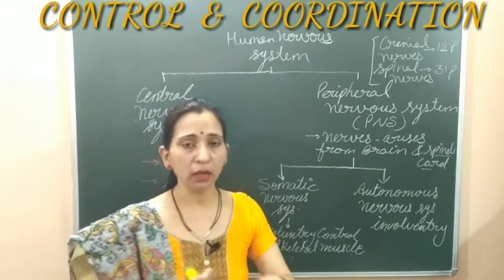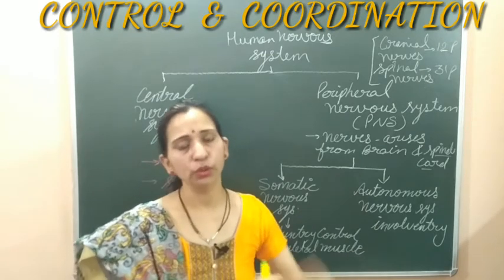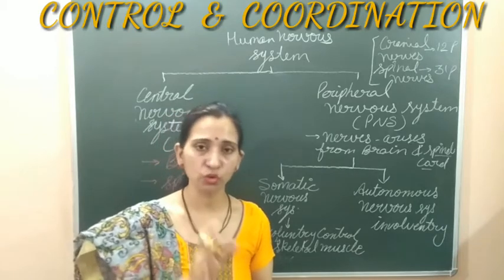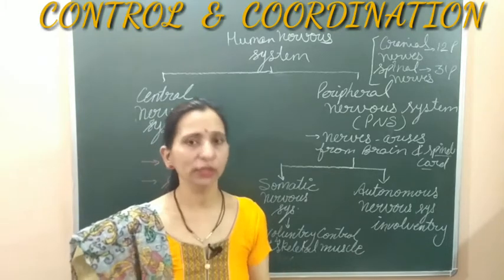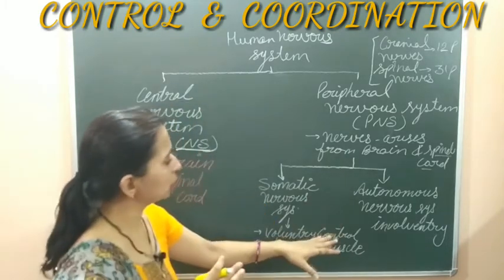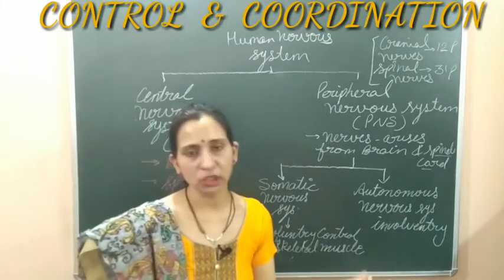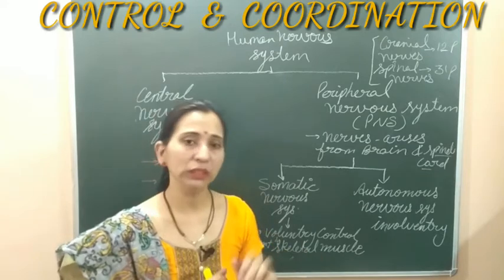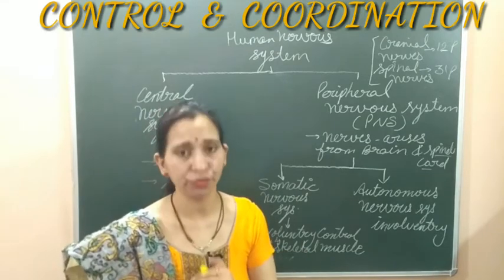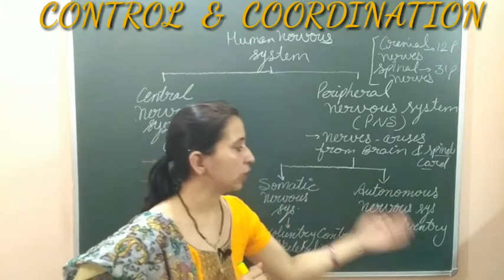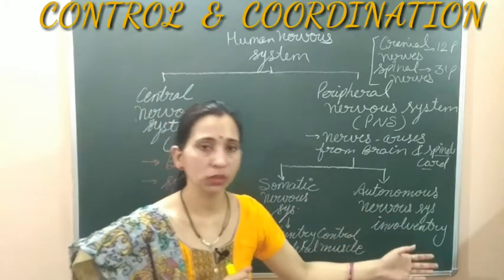You can control it by going into an air conditioner or a very cool place, but when sweating comes, when you have to sweat, then we can't control this process. In this way, breathing, heart rate, sweating, and processes like digestion we can't control. So these processes are known as involuntary processes or involuntary actions. These involuntary actions are under the control of the autonomous nervous system.